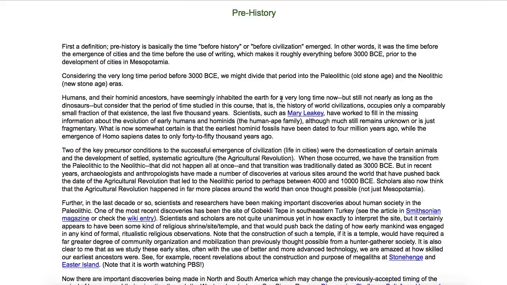Now, the last thing I want to mention about prehistoric society, we've already mentioned the division between Paleolithic and Neolithic, and you can look up more details about some of the characteristics of each of those periods of time. But the last thing we want to mention is that societies emerged across the world in the prehistoric period.